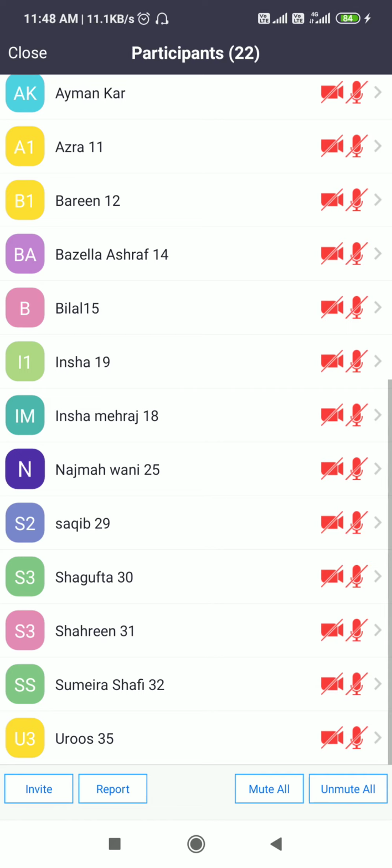At what temperature do we have to maintain our hybrid protoplast? Mostly in the range of 25 to 30 degrees centigrade. When the protoplast has developed its cell wall, after the cell wall they will start division.